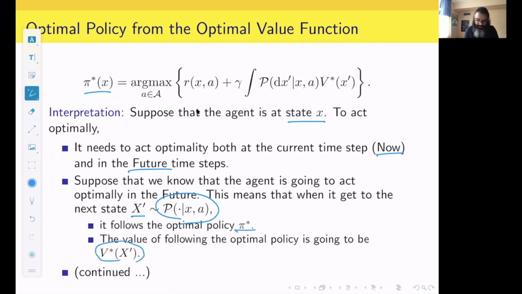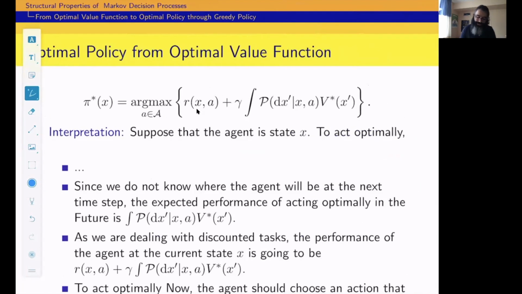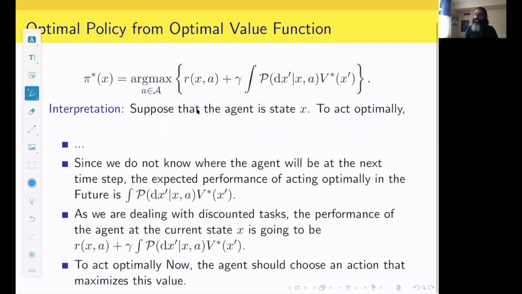So it would get v star of x prime. But x prime is random, so the agent can go to different x primes. Since we do not know where the agent will land in the next time step, we need to think about the expected performance of it. So the expected performance of it is just the expectation of it.